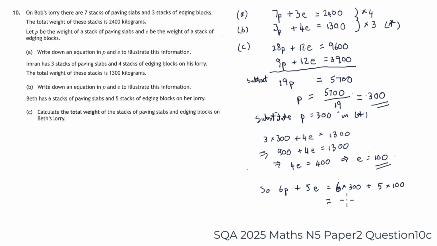Now 6 lots of 300 is 1,800. 5 lots of 100 is 500. That comes to 2,300. But remember, do check using your calculator. So the total weight on Beth's lorry, this is us answering the question now, is 2,300 kilograms.